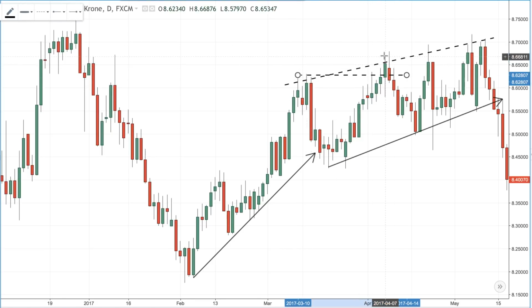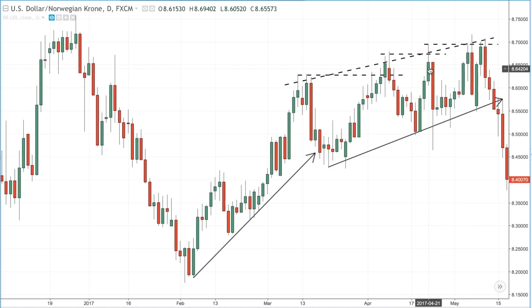Just look at how the highs here are forming. Within the last two trend pushes, the price is barely able to move higher. This is a second clue that the trend here is fading or losing momentum.